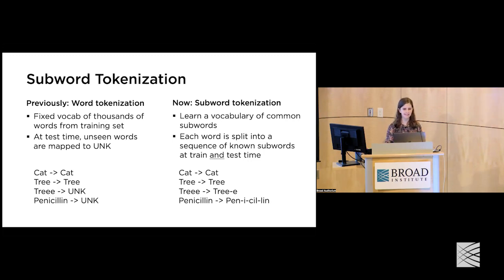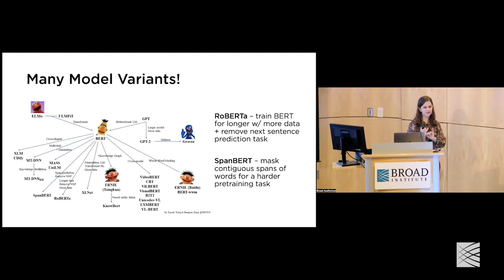So we just walked through the BERT model, but there are many variants of BERT, let alone many different kinds of decoder-only or encoder-decoder language models. So there are two particularly useful variants. RoBERTa is like BERT, but you train for longer and on more data, and you remove that next sentence prediction task.